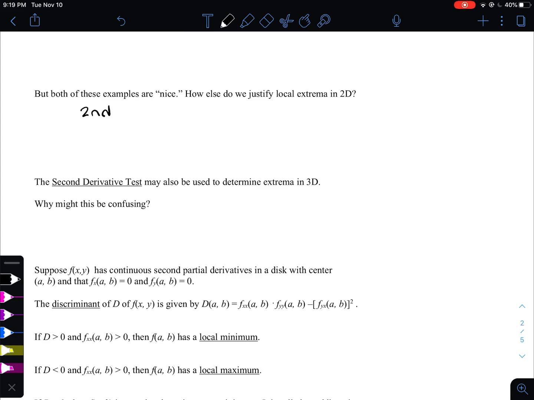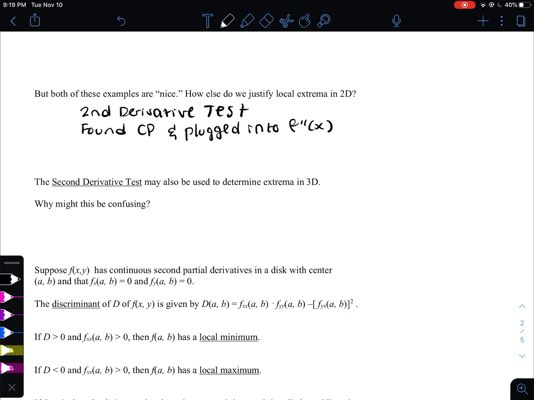Okay, so we're going to use the second derivative test. The way we did that was we found the critical points and plugged them into the second derivative. That's how we did it in BC calculus.